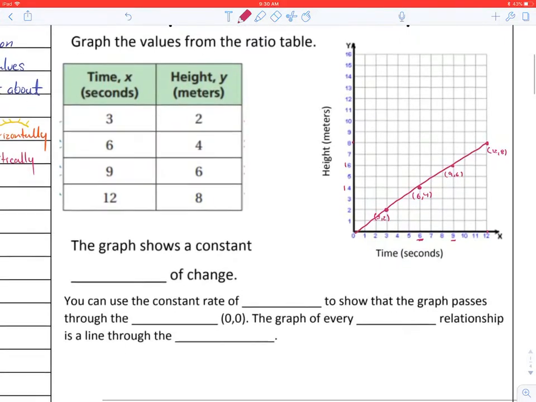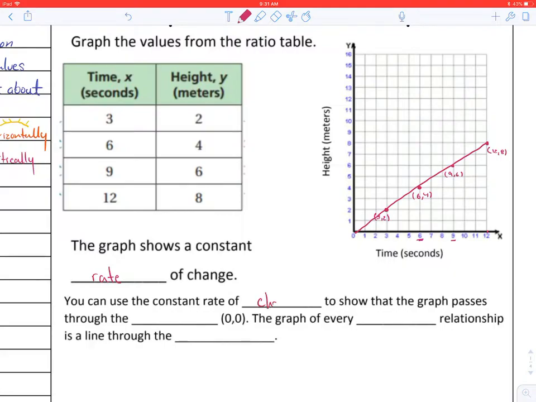Because we're getting a solid line, we would say that the graph shows a constant rate of change. That solid line is telling us that the speed of whatever is traveling upward is not changing, it's being consistent. If it was changing, we'd see something different, where it would increase, go up a lot faster, or maybe a little slower, maybe go down a bit, but it's just continuously going up at the same rate. What rate is that? We'll figure that out in just a second.